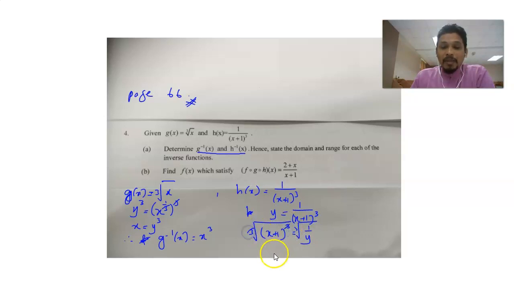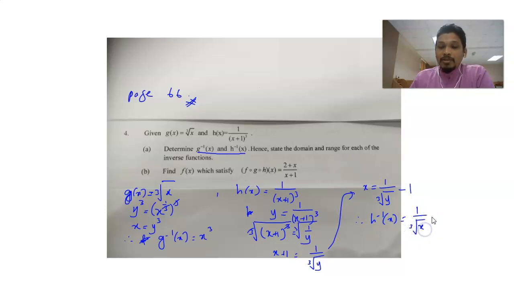So then x plus 1 equals 1 over the cube root of y, and then x equals 1 over the cube root of y, minus 1. So that means h inverse of this function equals 1 over the cube root of x, minus 1.